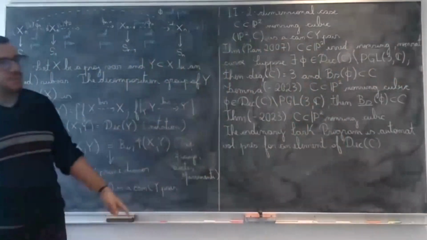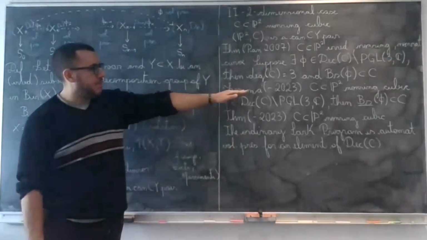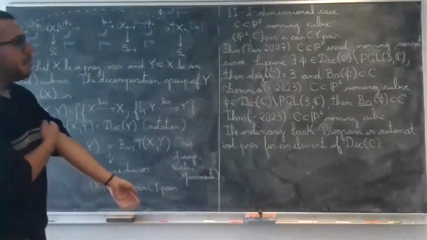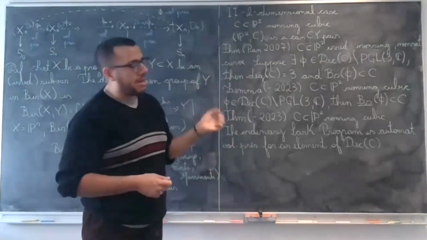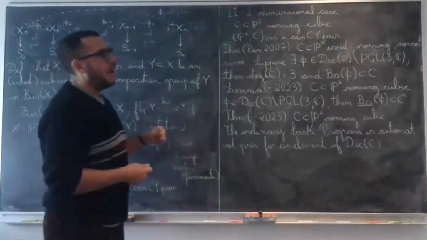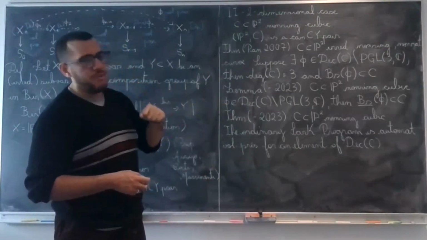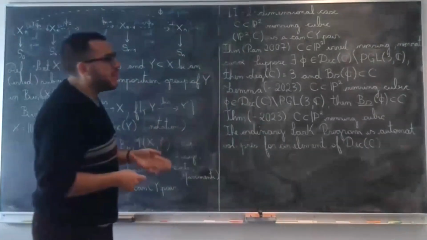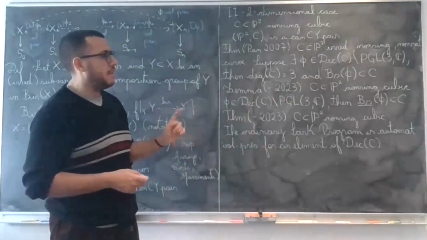And just to warn you, both this result and this result here do not hold in higher dimensions, because I could find a counterexample. The counterexample is given exactly by P3 with a quartic surface having a single A1 singularity. In this case, there is an involution of P3 which will preserve this quartic, but in such a way that not even the proper base locus of this map is contained in the quartic.